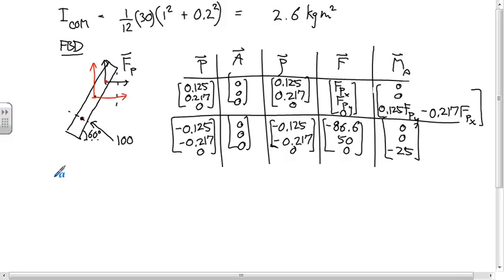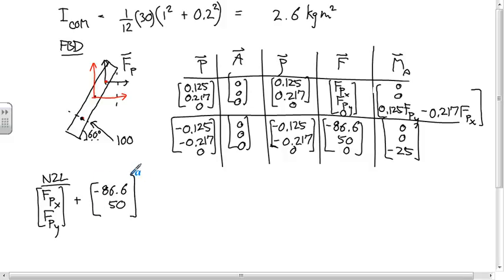So Newton's second law says Fpx, Fpy. I'll leave out the z's for this because that just is going to give us 0 equals 0. Plus negative 86.6, positive 50 is equal to, well, what's it equal to?